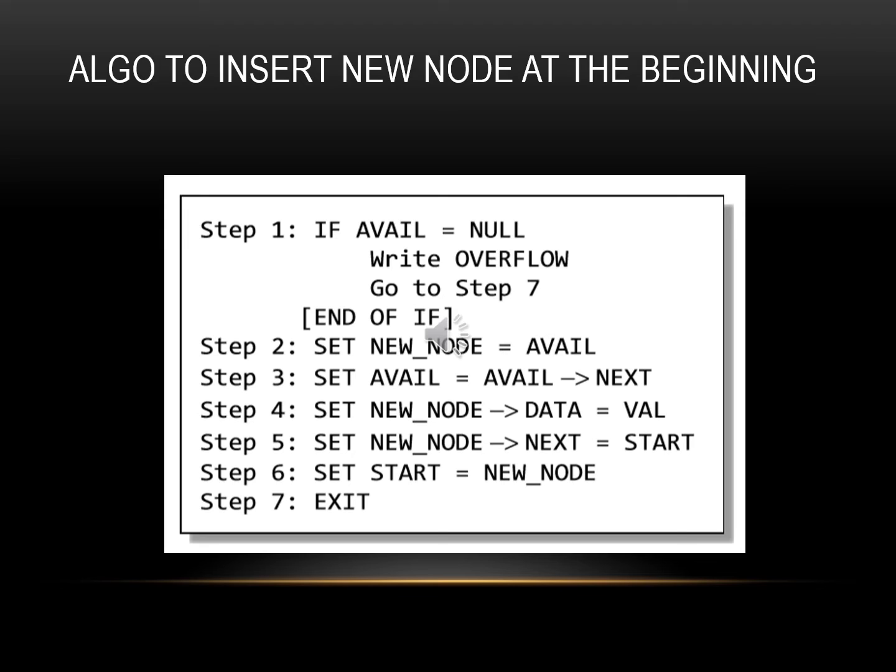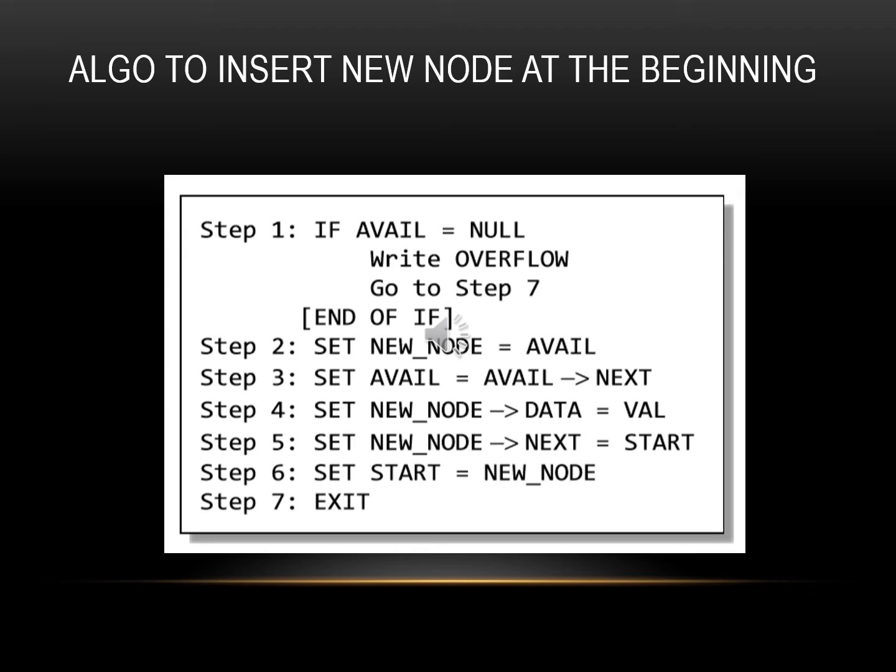Set new node data equal to value. So the data part of the new node, whatever value we want to store, we will store that. And new node next equal to start, because the next part of the new node will store the address of the previous first node, which is present in start. And start equal to new node. Start will now contain the address of the new node.